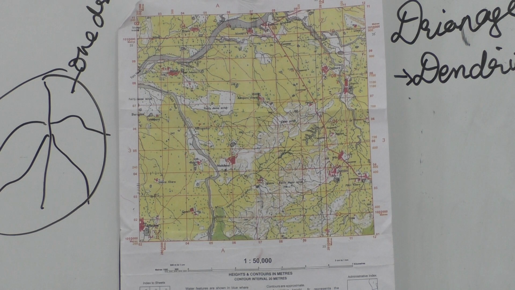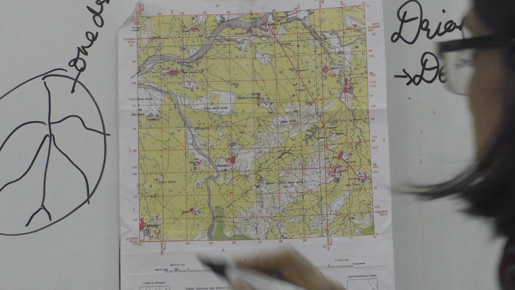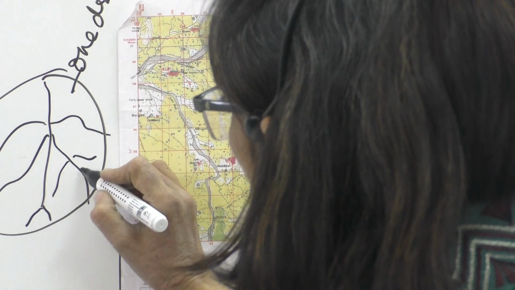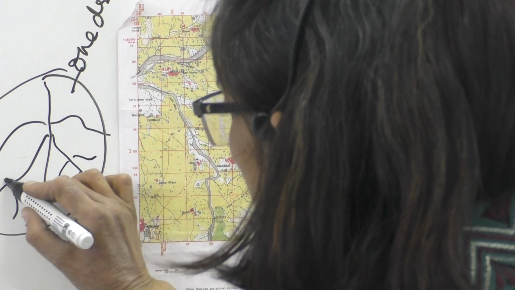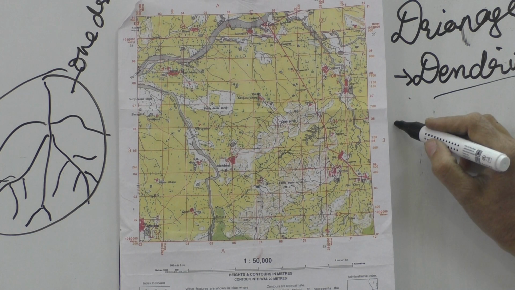So what kind of pattern do we get? It is this kind of pattern, a tree-like pattern, that can be seen in the dendritic pattern.